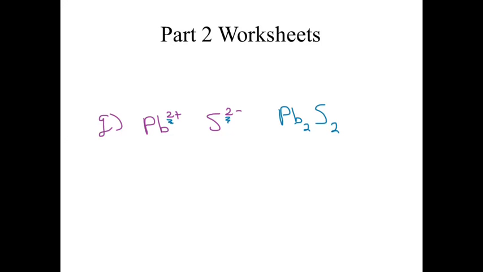The correct formula would be simply PbS. So you kind of have to watch out for that after you crisscross. If you end up with something that you can divide by whole numbers, then you have to do it. So if we name this, of course, it would be lead 2, Roman numeral 2, because that came from its charge, and then the last name is sulfide.